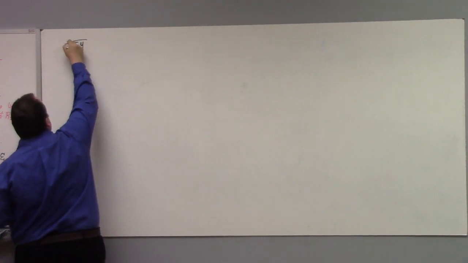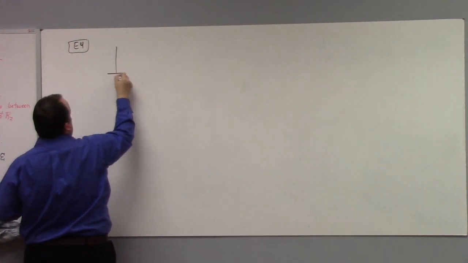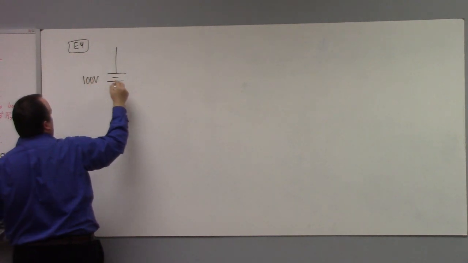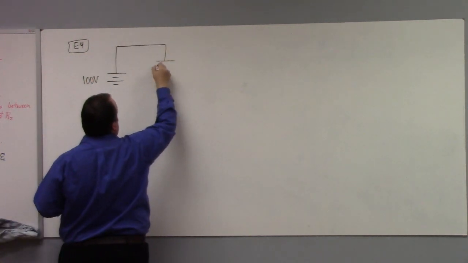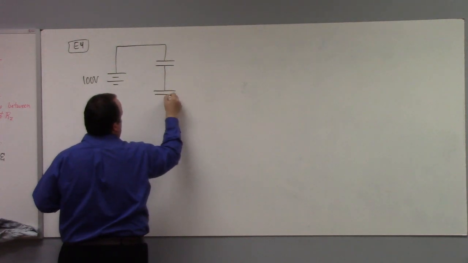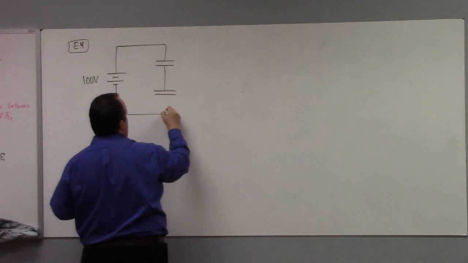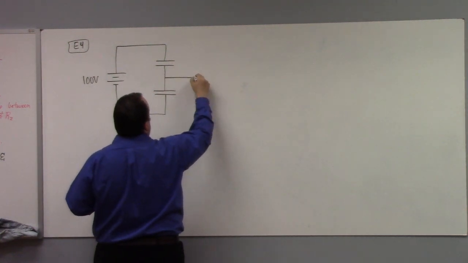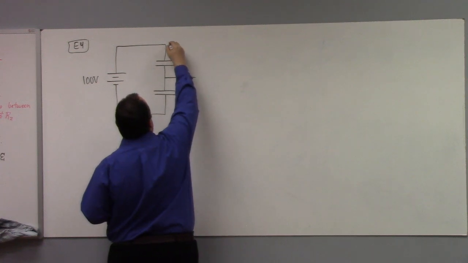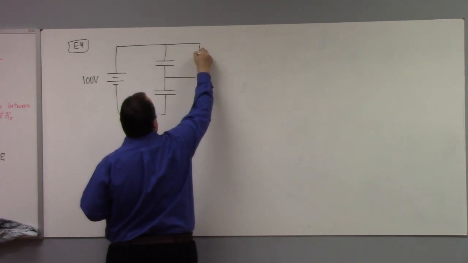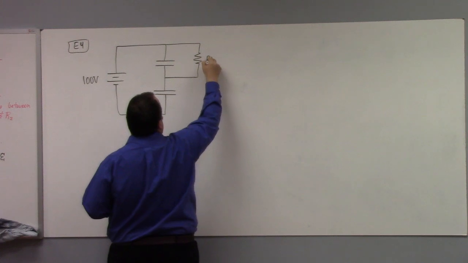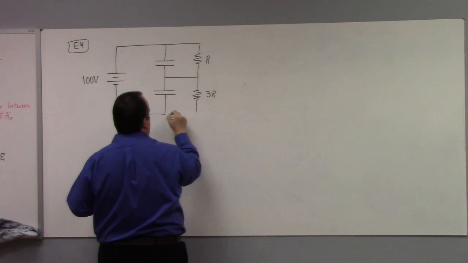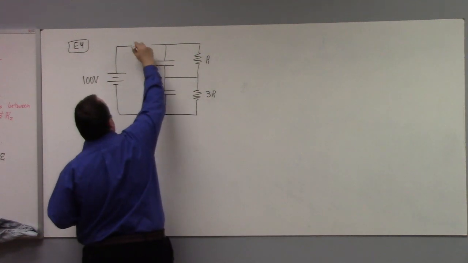example 4, I could do something like, let's see here, we'll put 100 volts here. And let us suppose I have a capacitor and I have another capacitor like that, all right? And suppose I put a resistance R here and a resistance of 3R here, all right?